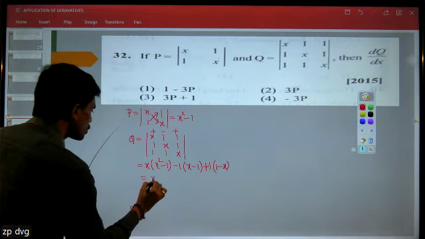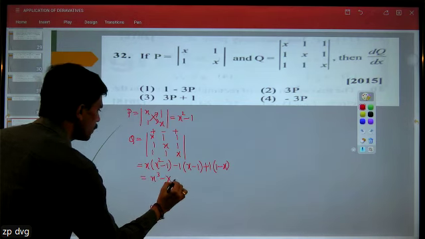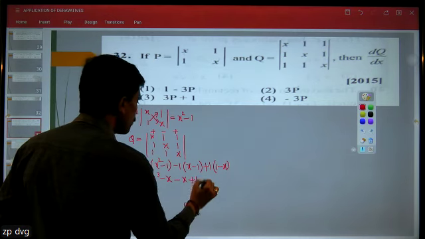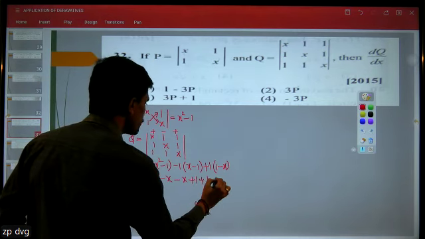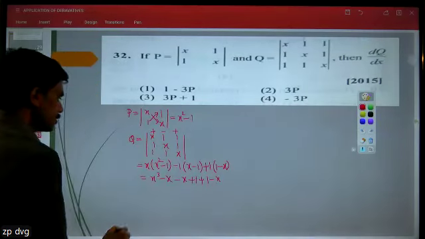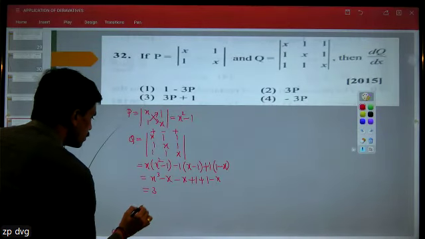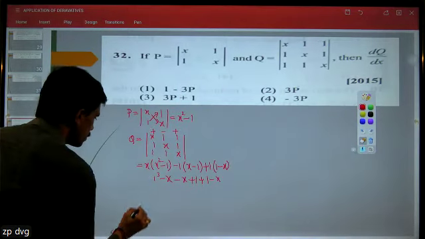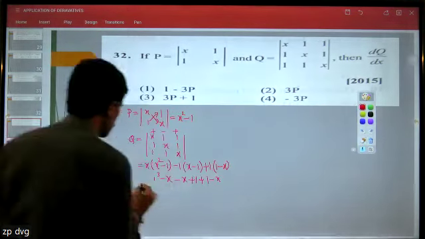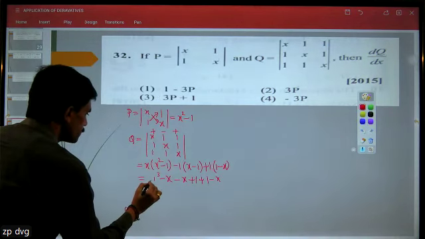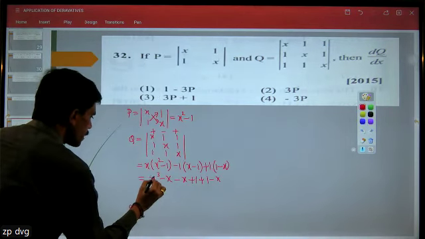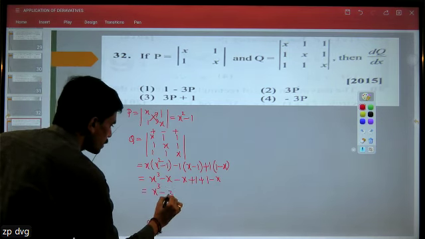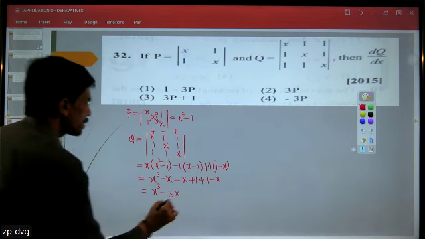So here we get x cube minus x plus 1 plus 1 minus x. So x into x square is x cube, minus 3x, plus 2 we get. So Q equals x cube minus 3x plus 2.